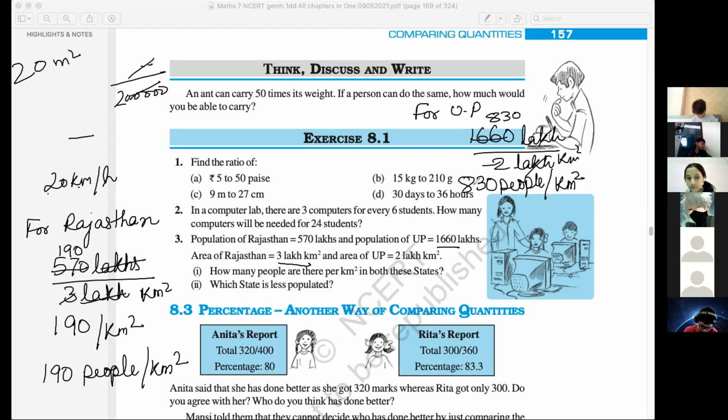I got people per kilometer square. We already cancelled the 2 from below. Ma'am, second answer is Rajasthan because 190 is smaller. Answer is Rajasthan.